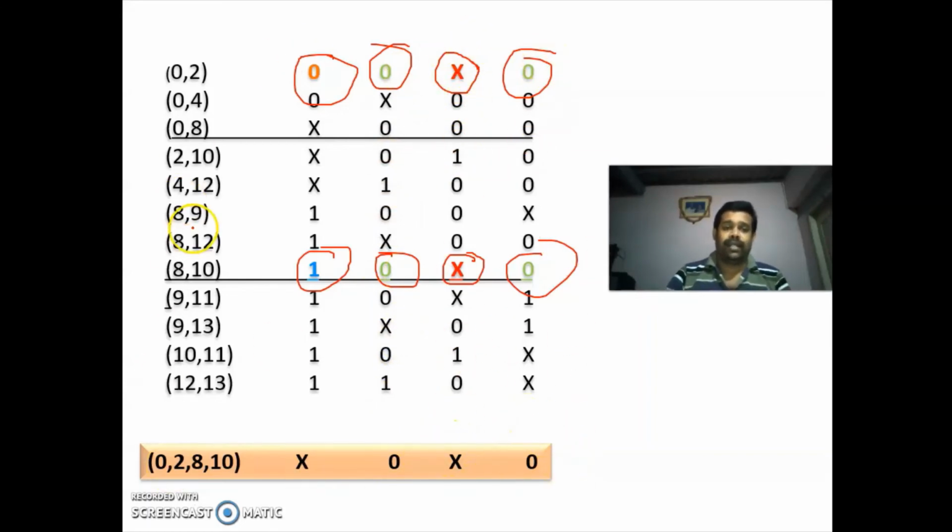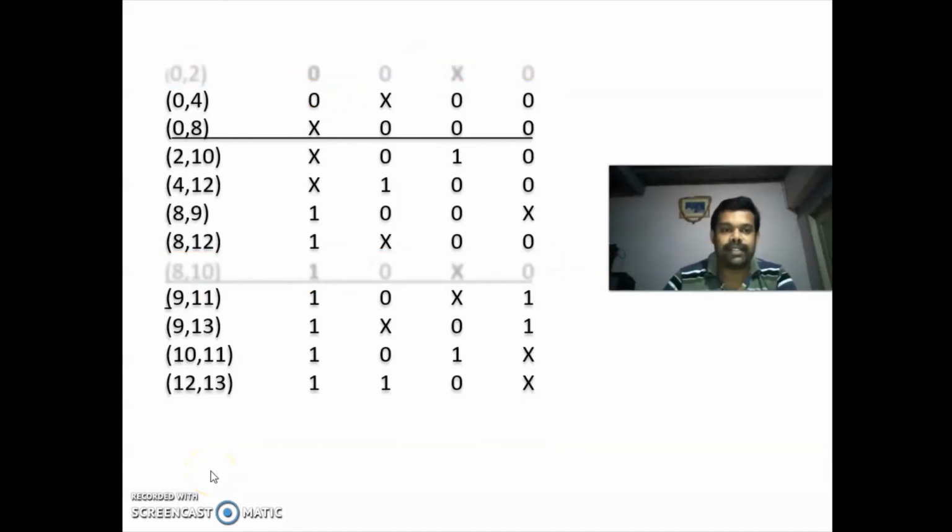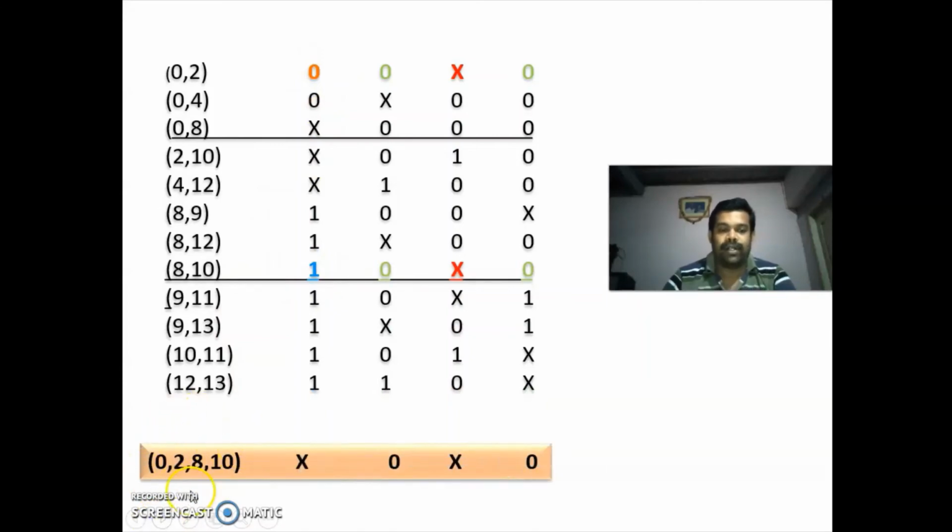Okay, so similarly we will be comparing. Next we have compared 0, 2 with 8, 10. By checking that we are having only the first bit differing, and while writing you will be getting 0, 2, 8, 10.